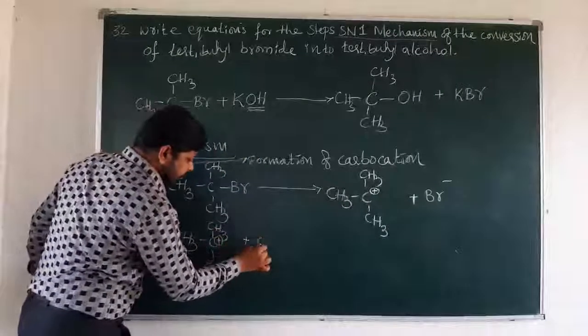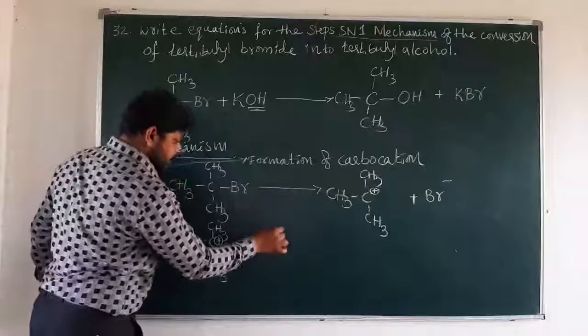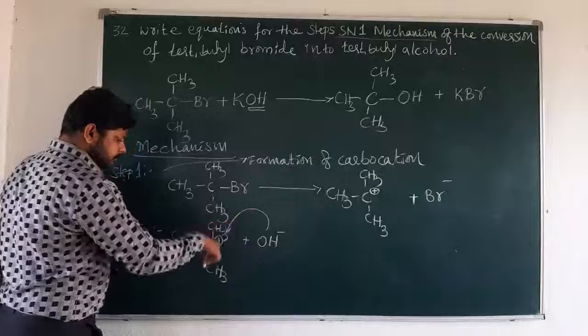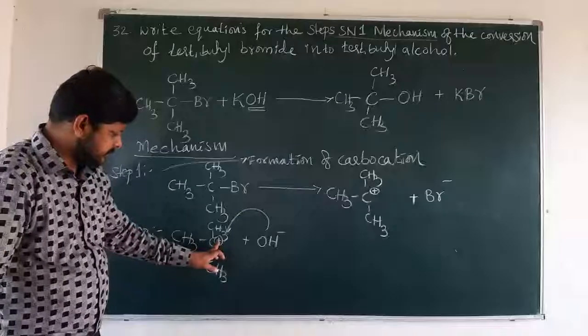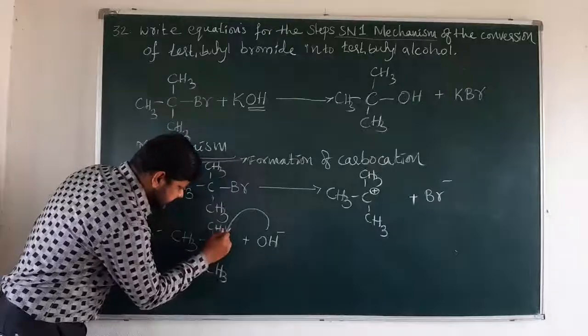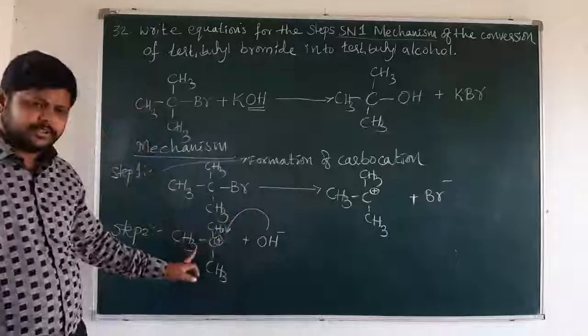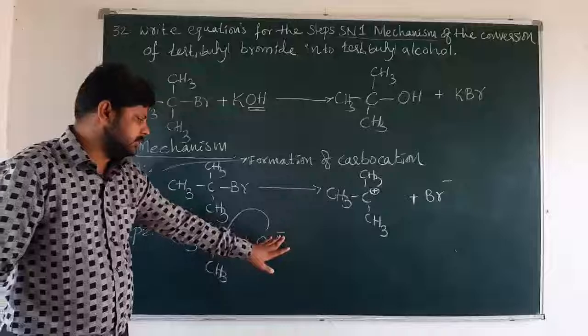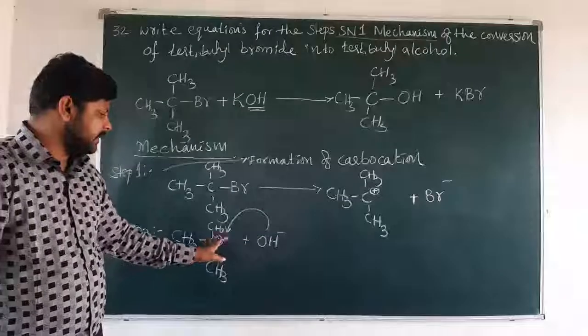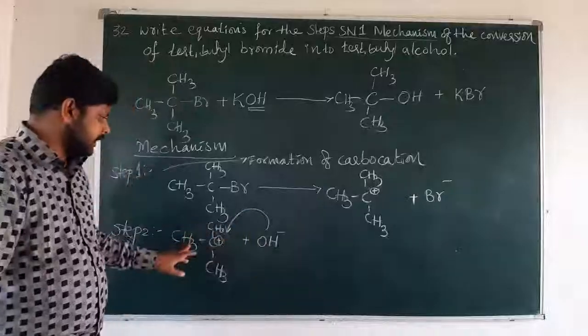For this, the OH minus nucleophile attacks on the carbocation. I will write here CH3. So OH minus attacks on the carbocation. Very simple thing. The negatively charged nucleophile is attracted by the positive charge on this carbon.